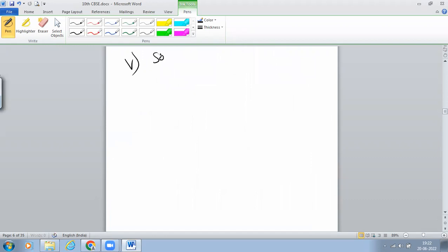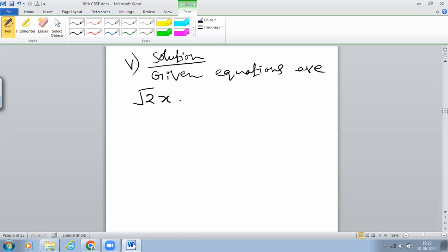Now, subdivision number 5. So here also we have to first write the given equations. So solution, given equations are: first equation is root 2 into x plus root 3 into y is equal to 0. This is equation number 1.